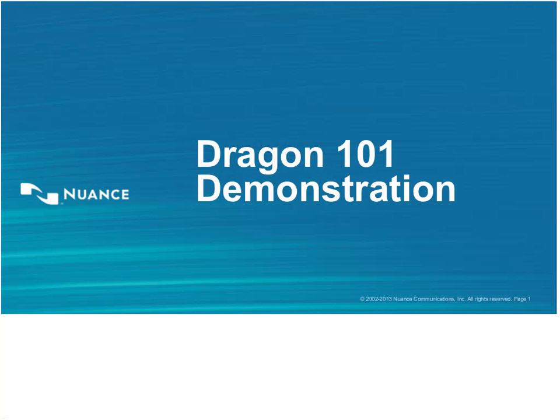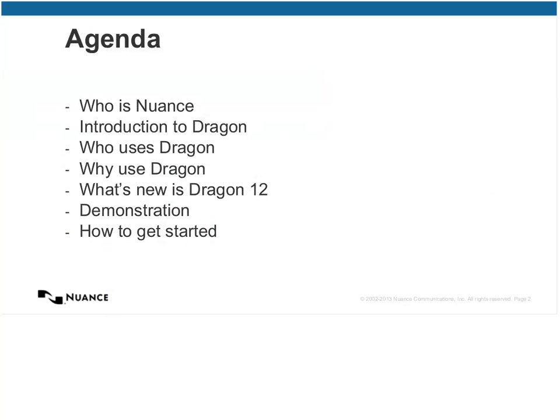All right, so let's go ahead and get started. Just a quick overview of our agenda for today. I know many of you are obviously familiar with Dragon speech recognition software, and it's the reason that you joined us today. But I wanted to take a step back and talk a little bit about who Nuance Communications is as a company, the makers of the Dragon software.